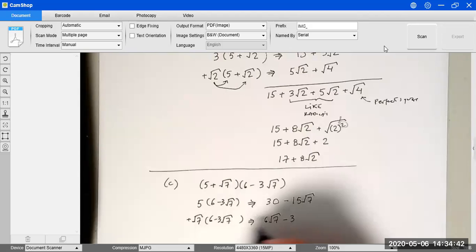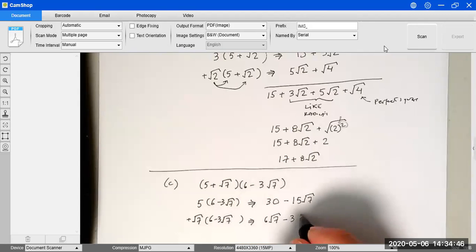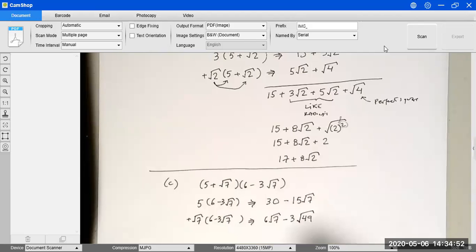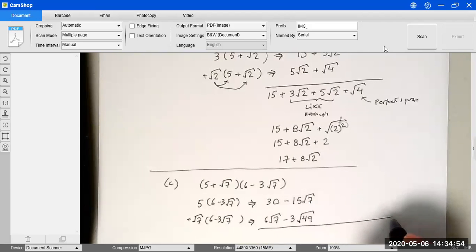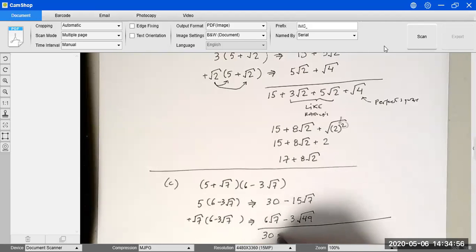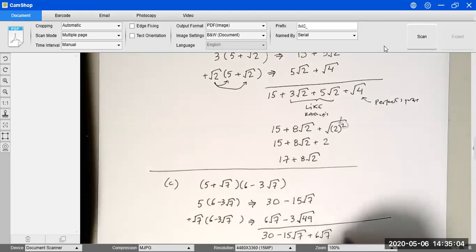Now I'm going to multiply the radicals. So I have 7 times 7, which is 49, but I need to keep the radical sign. Then I'm going to write this horizontally to see in what way I can simplify this result. So I'm writing everything in just a single line. Now you can see many things here.